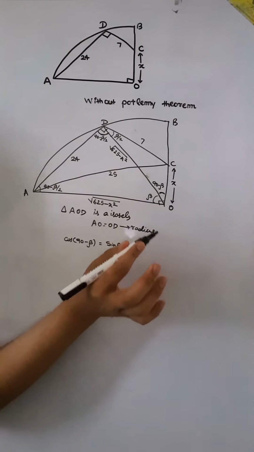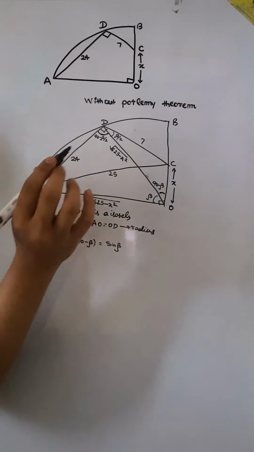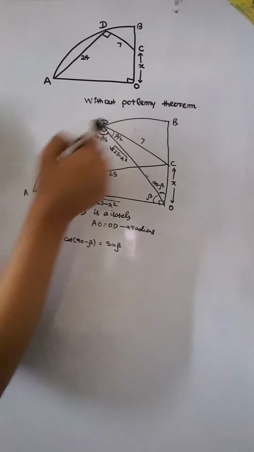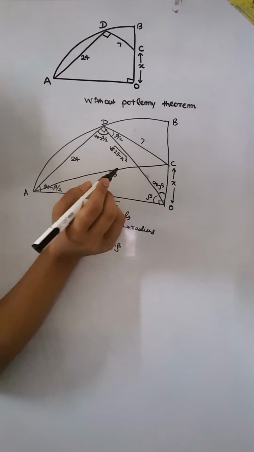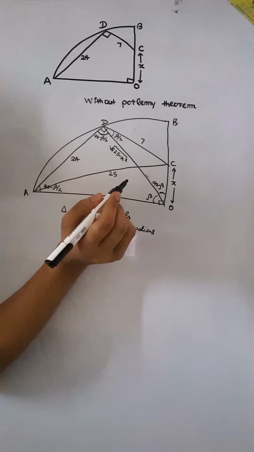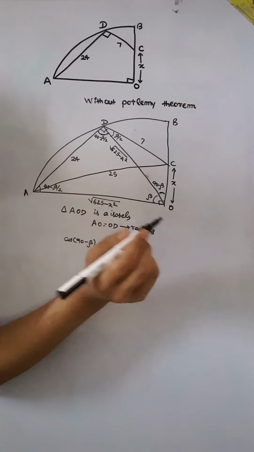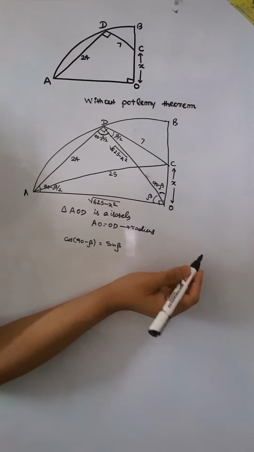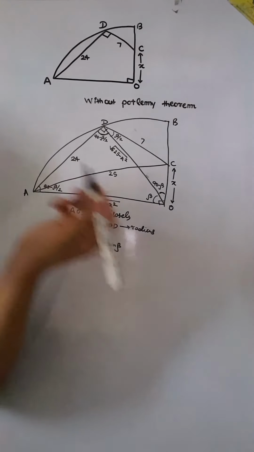And in a circle, we also know that any angle subtended by a chord on the circumference is the same.